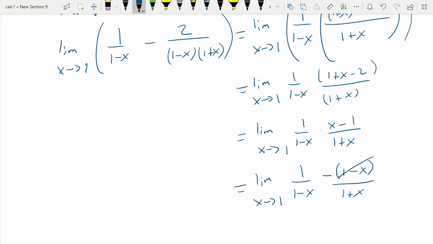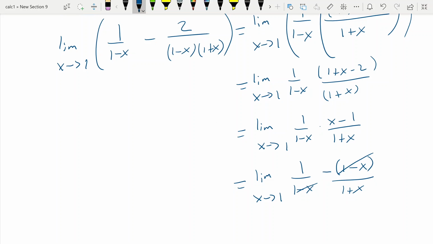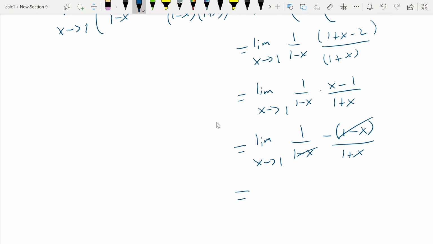And so we may cancel the 1 minus x and 1 minus x, and we just get minus 1, the limit when x approaches 1 of minus 1 over 1 plus x.